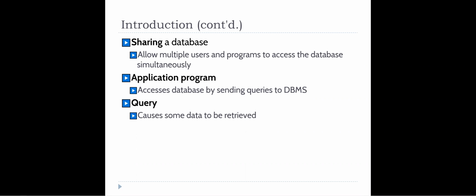And that is basically an application program. The application on your phone goes to the database, accesses the database and sends queries, like asking, give me the photos for that man or that company, and it returns all the photos of his account. So that's what's going on in an application program. It's basically an application that accesses the database and retrieves information.